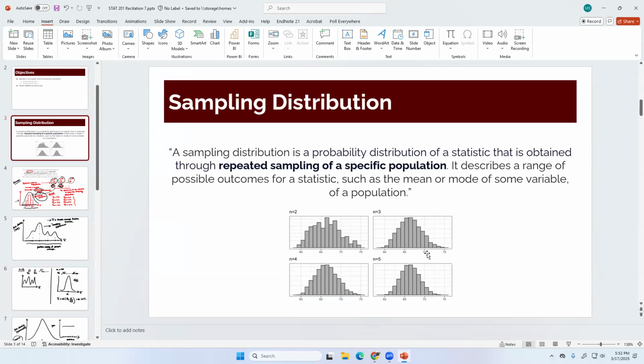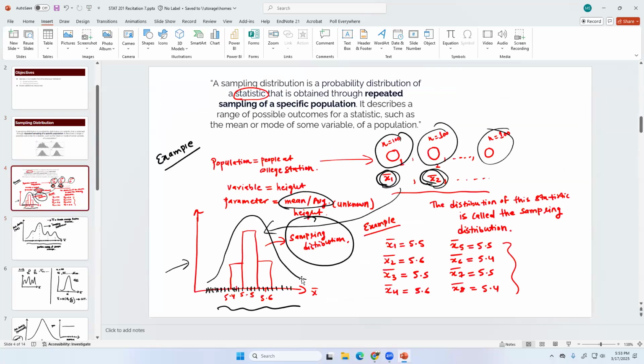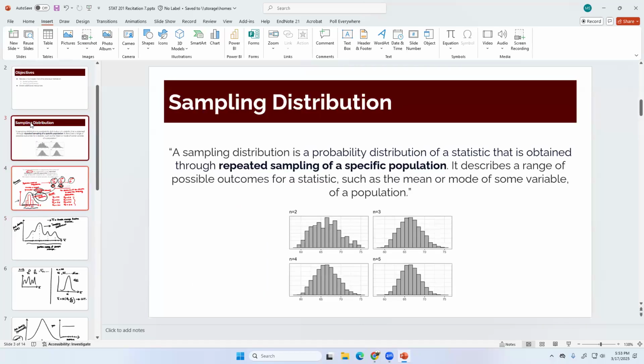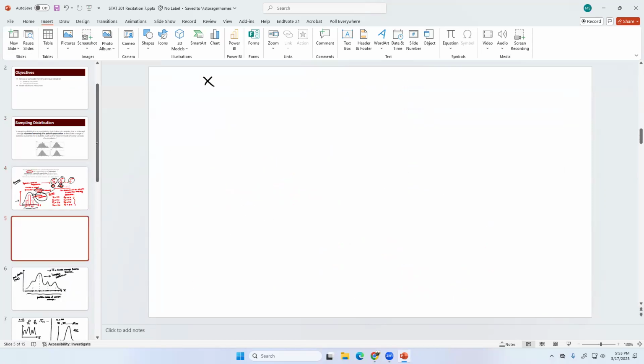So in a binomial distribution, your x, your random variable, could only take two values, 0 or 1.